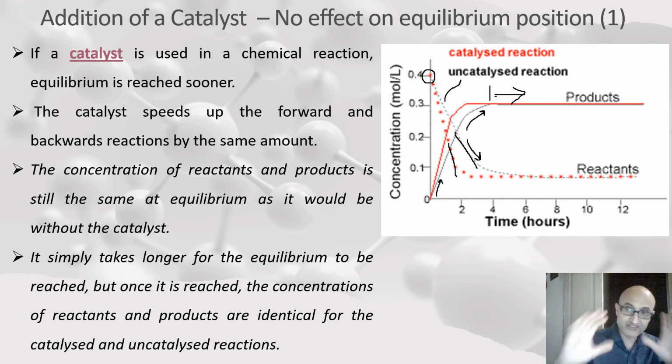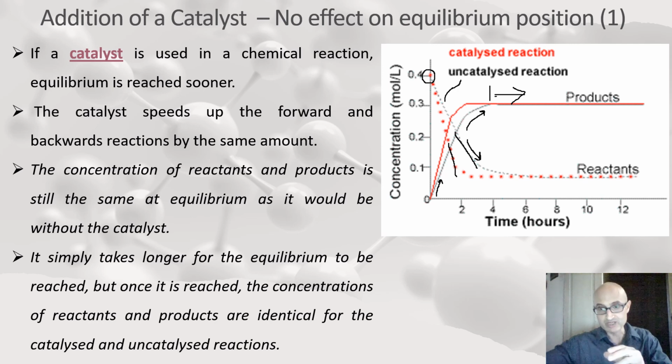What it means is that so many particles of reactants are forming the products, and the products are reversing back to form the same number of reactants that changed into the product. So the forward and the backwards reaction are at the same rate.